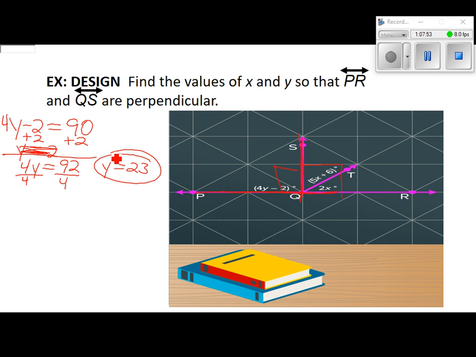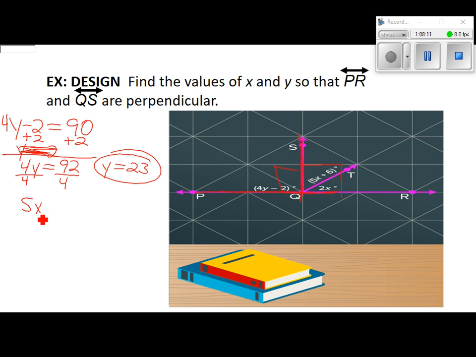How are we gonna find x? 5x plus 6 plus 2x equals 90. Set these two added together because together they add up to 90. What kind of angles add up to 90? Complementary. So those two are complementary.